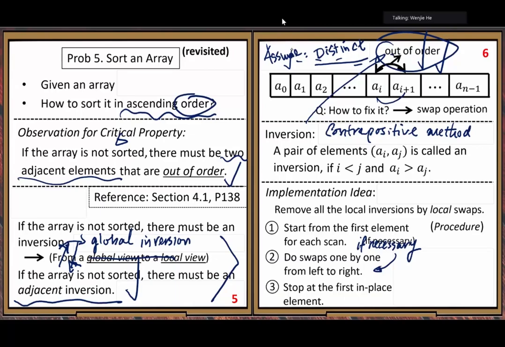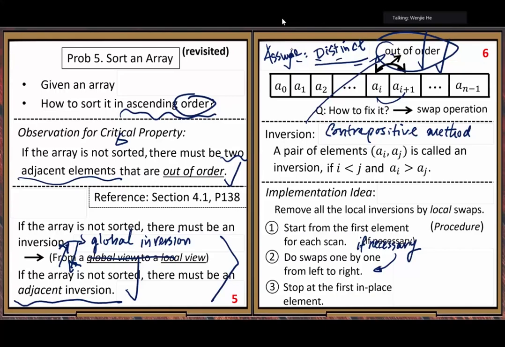Then you do the elimination. You do not need to touch those in-place elements anymore. So you reduce your data size every time. And finally, you complete all the sorting work.